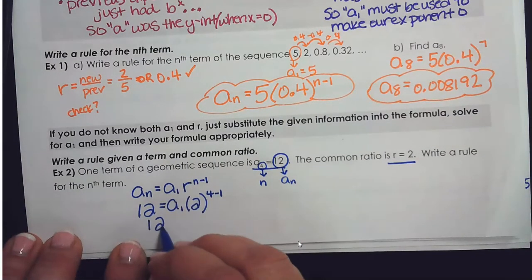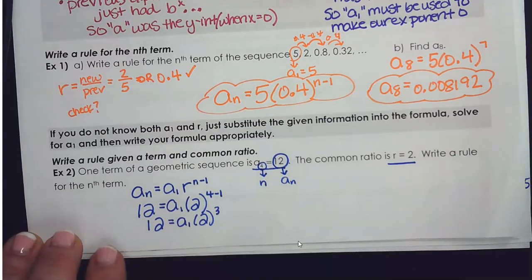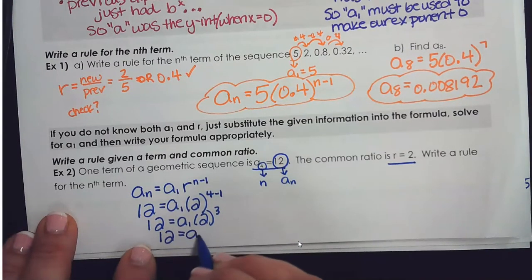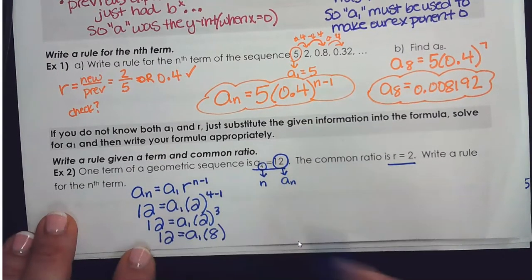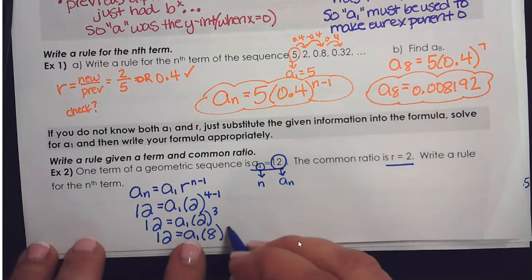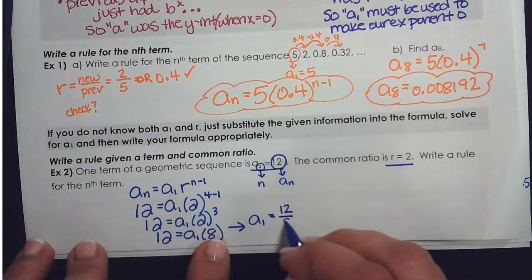So I have 12 equals A sub 1 times 2 cubed. Okay? And what is 2 cubed? 8. How would I need to isolate the A sub 1? Divide by 8, okay? So I have that A sub 1 equals 12 over 8.